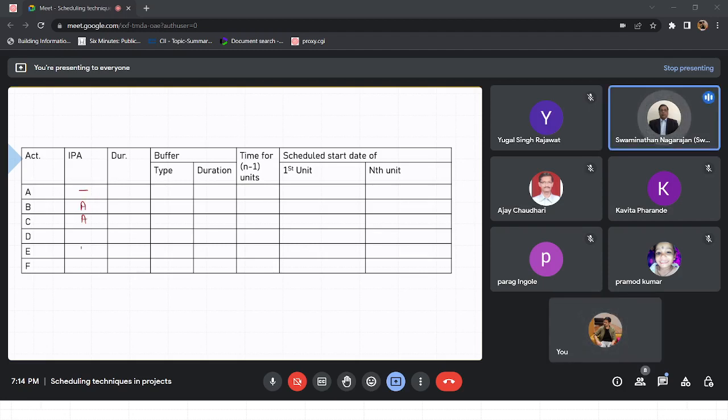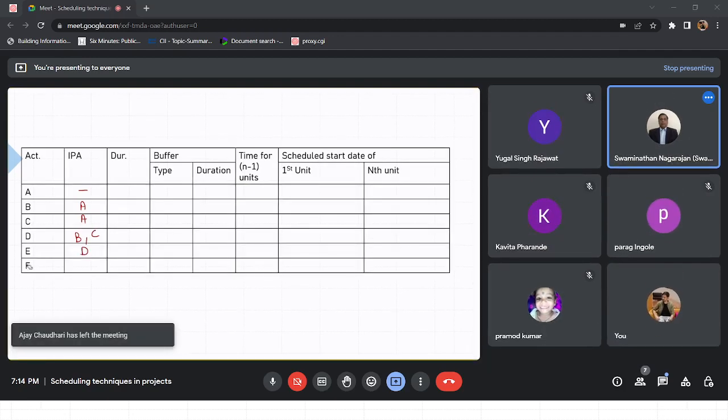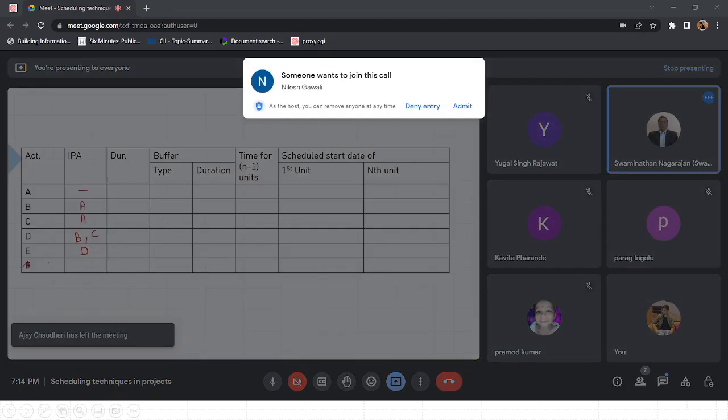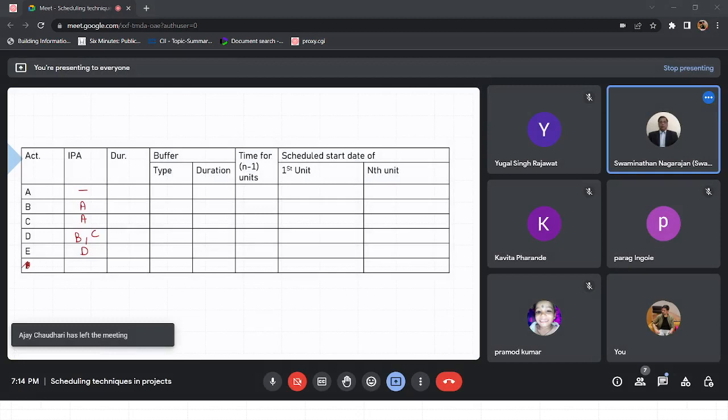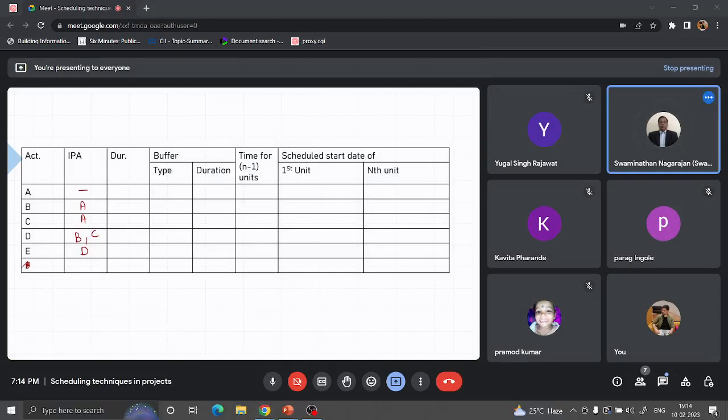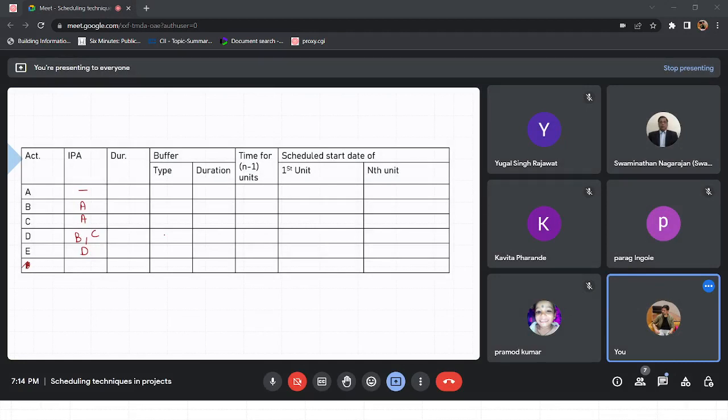We'll start filling it up, with duration as well.